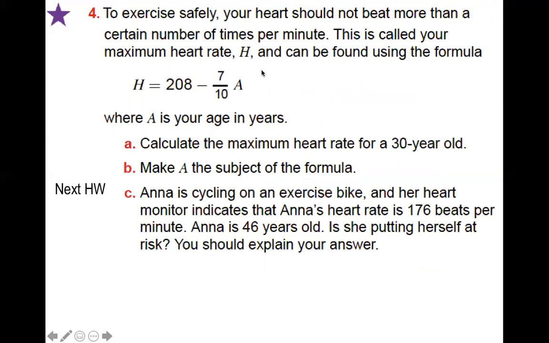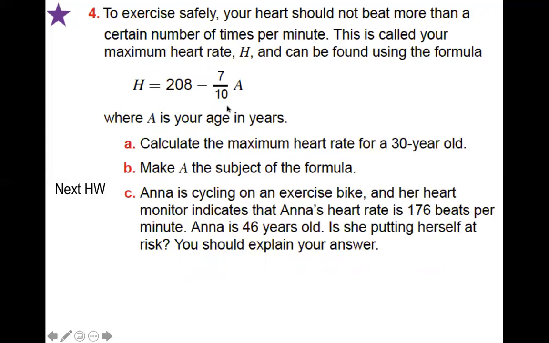So in this exercise, we were given a formula: a maximum heart rate, H, can be found using a formula, where A is your age in years. Usually doctors might use some formulas given to them.